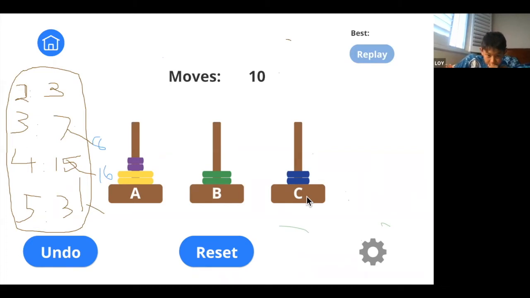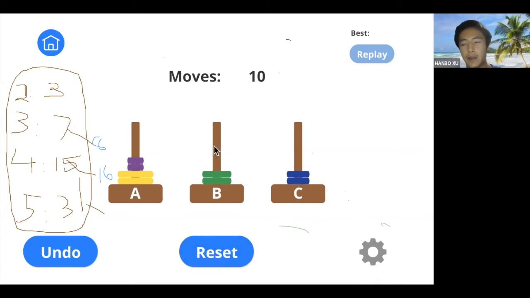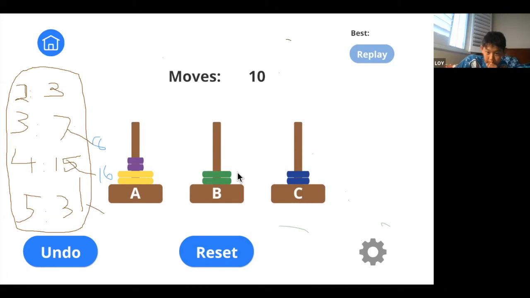You're on the right track. Remember how we wanna create like a smaller tower on peg B first? The blue to the green. The other blue to the green.